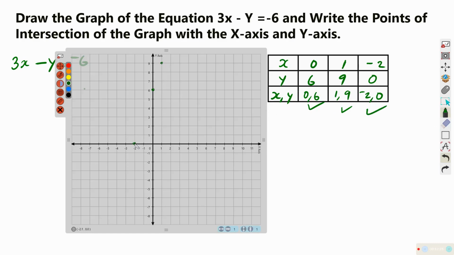All 3 points are marked. I have to draw a line connecting all these 3 points.